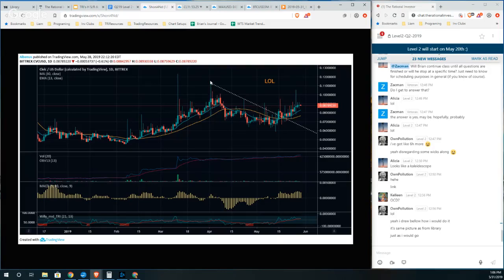This gets really messy though. What is this? This is a daily Civic. I would be inclined to draw my reload zone off of this peak here down to here, which probably paints a buying zone somewhere in this area here.